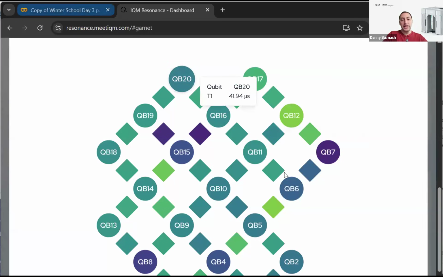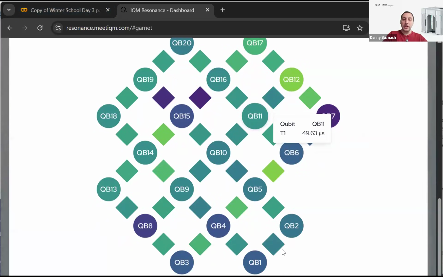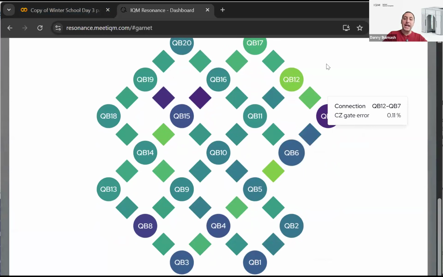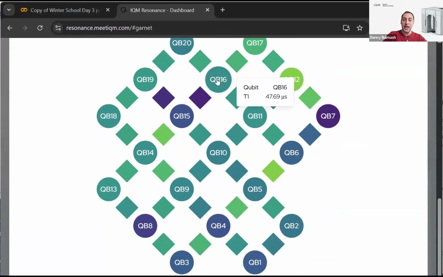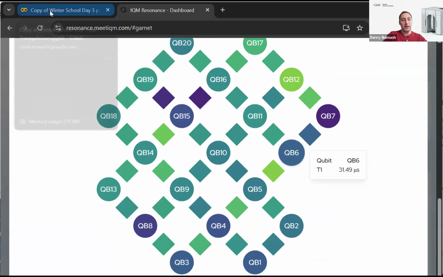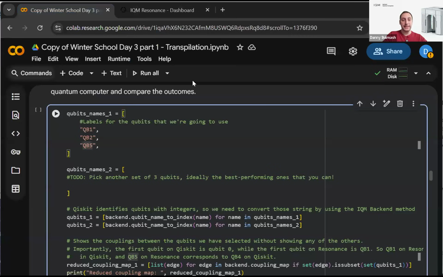So what we're going to do is run the same circuit on qubits 1, 2, and 5, and qubits 12, 17, and 16, and see the comparison between them. Let me put 12, 17, and 16 in here. The nice thing here is that we actually get to use the Resonance names for the qubits.